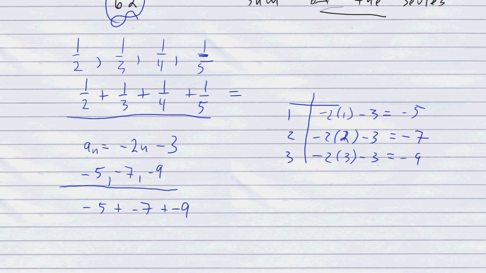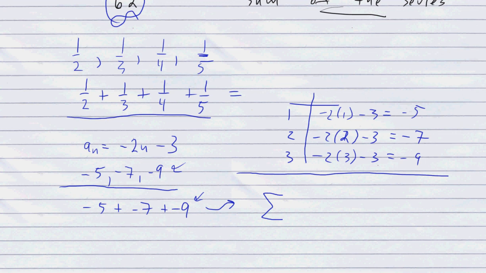Now, in sigma notation, that means writing this as a formula. In sigma notation, we would write this series like this. We write the sigma, and that means we're taking the members of this sequence and adding them together.